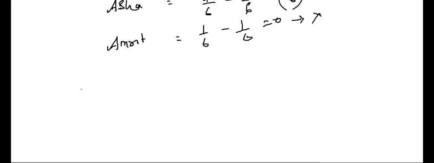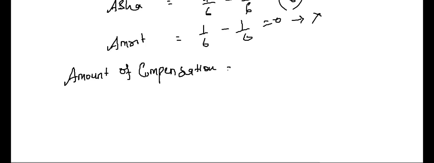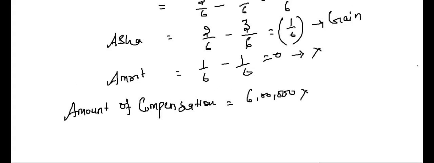So what will be the amount of compensation? Amount of compensation will be goodwill, 6 lakh, into gaining share. What is the gaining share? 1/6. So the compensation payable is 1 lakh.